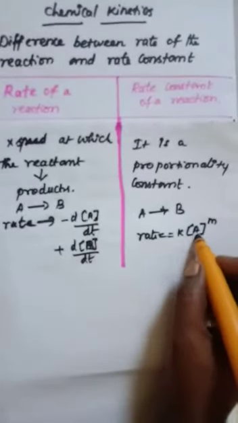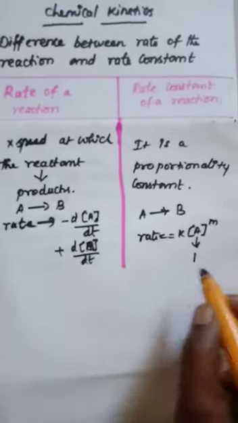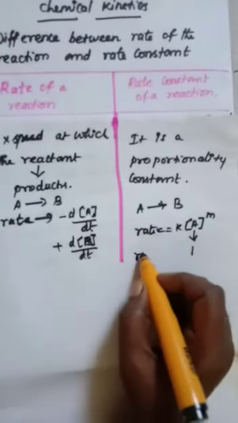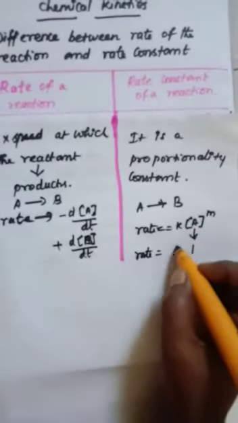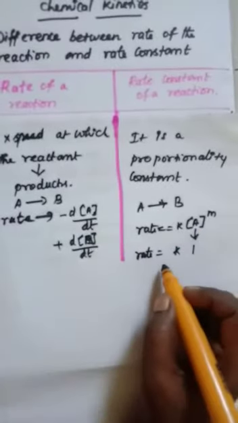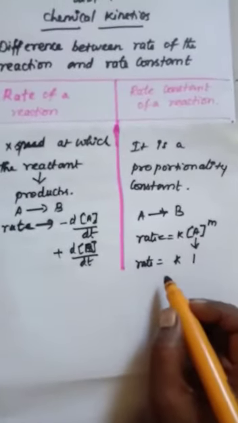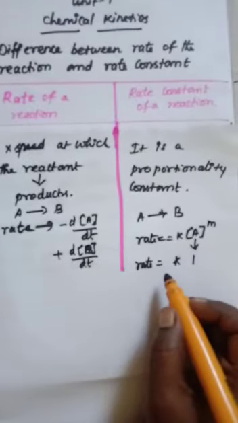If the concentration of A is unity, then the rate constant K is equal to the rate of the reaction. This is the explanation for the second difference.